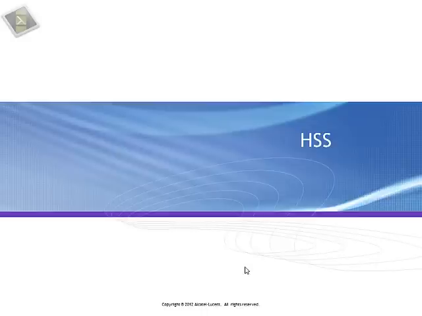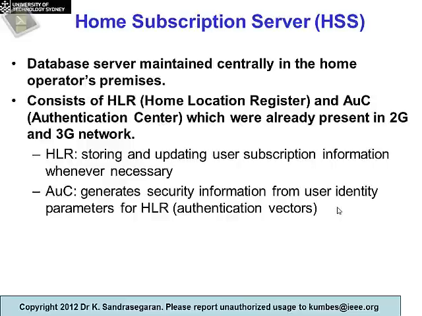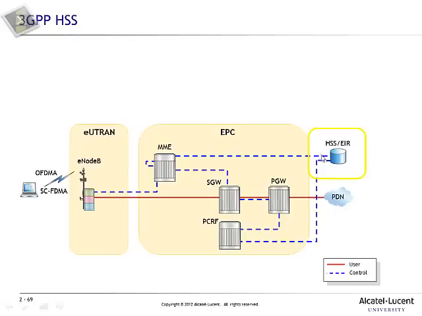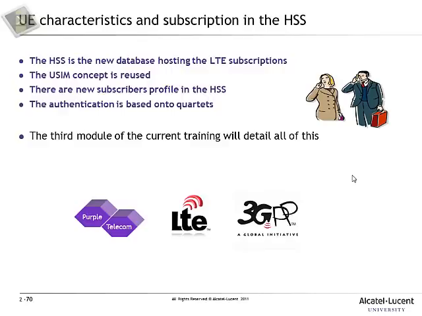And the last network element is the HSS. The HSS is essentially a database, and I'll be very quick with this one. HSS and EIR are a group of databases that store subscriber related information. In some ways it's a new database, but it inherits a lot of the concepts from 3G, the USIM concepts, and the authentication now is based on quartets.